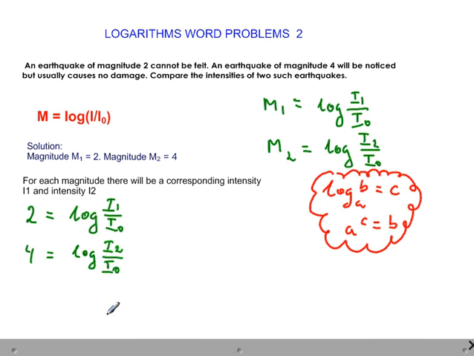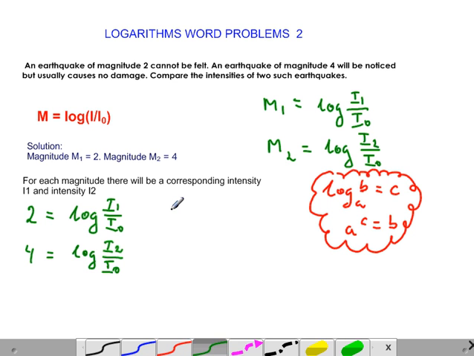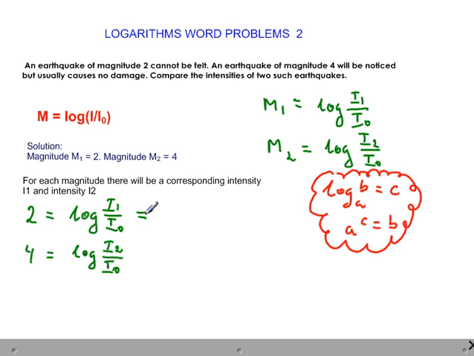So from the first one, the ratio I1 over I0 is equal to, now the base here is 10, so 10 squared. And from the second, I2 divided by I0 will give you 10 to the power 4.